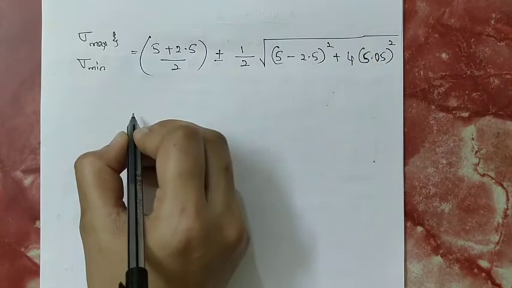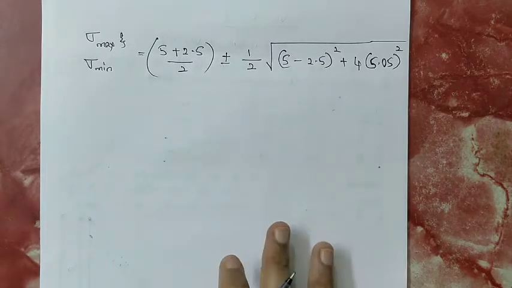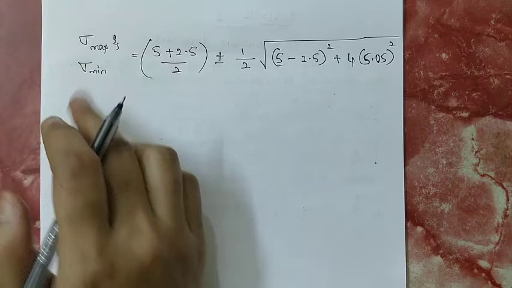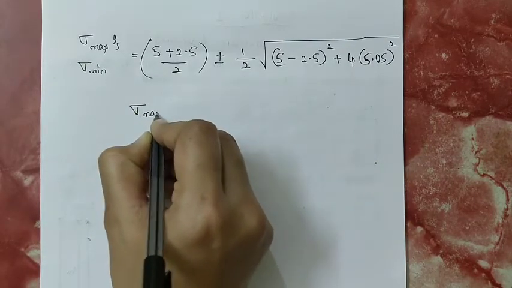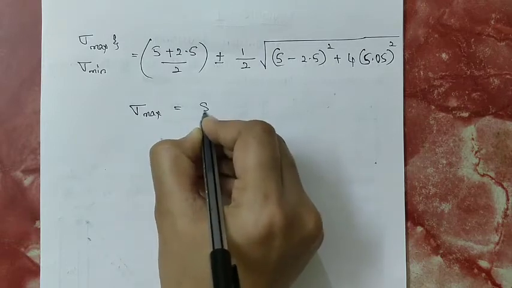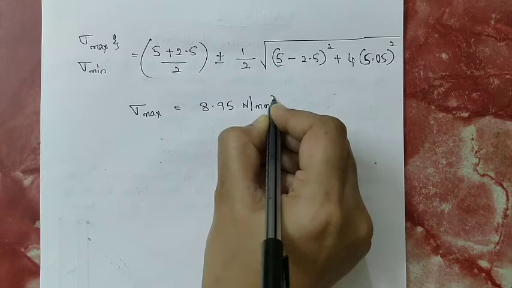Okay. Next you need to calculate sigma max and sigma minimum. Okay. In order to calculate sigma max, consider the positive sign. Then sigma max, upon simplification you will get it 8.95 Newton per mm square.